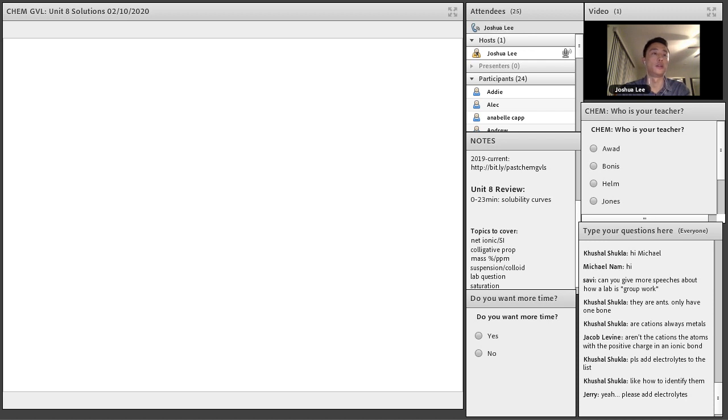Figure out if a precipitate forms. If it does, then write the net ionic equation with spectator ions.